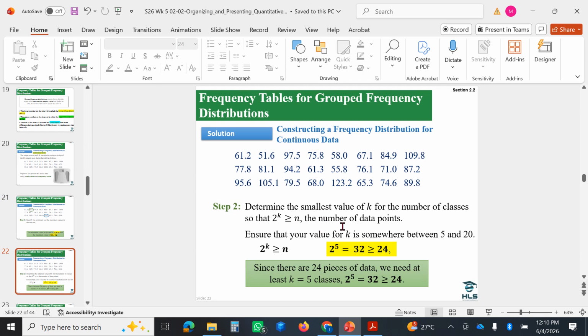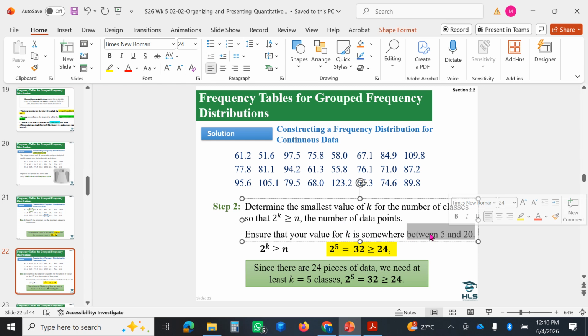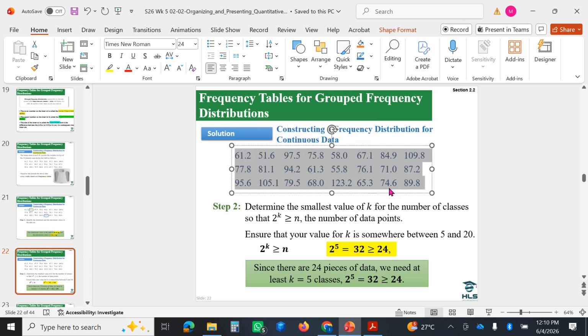Next, determine the smallest value for K, the number of classes. You generally want K to be between 5 and 20. Is that always the case? No, but in a testing situation, if I ask you to do this, you would want your K at a minimum of around 5. Determine the smallest value for K so that 2 to the power K is greater than or equal to N, N being the number of data points. I have 24.